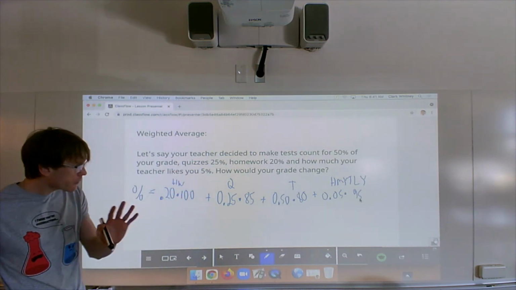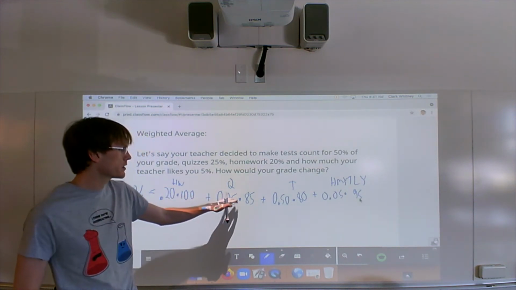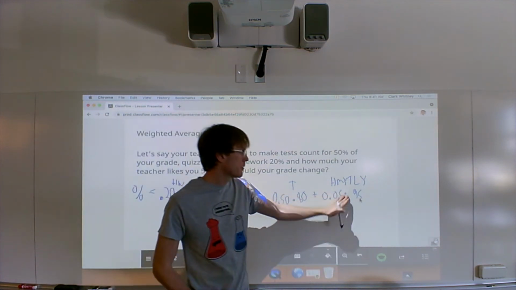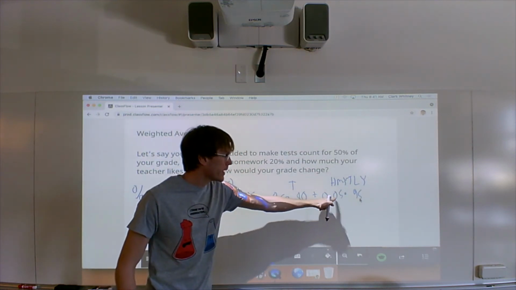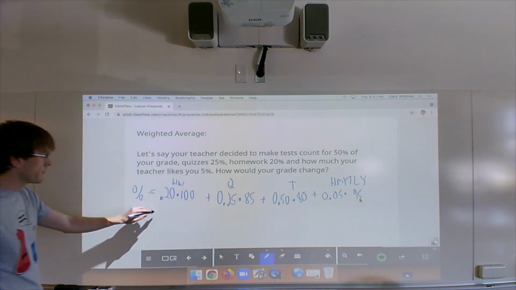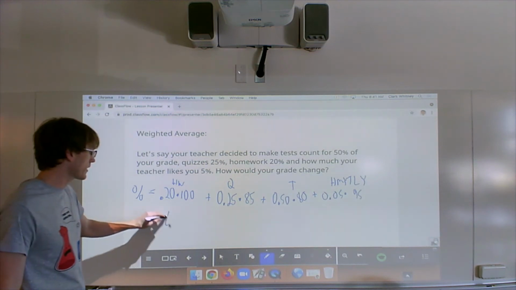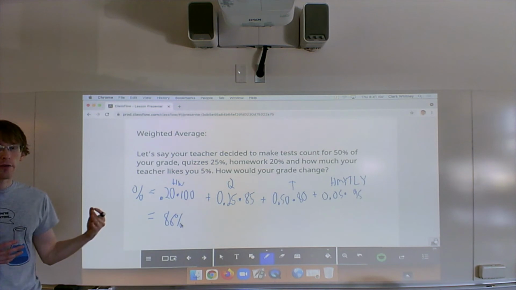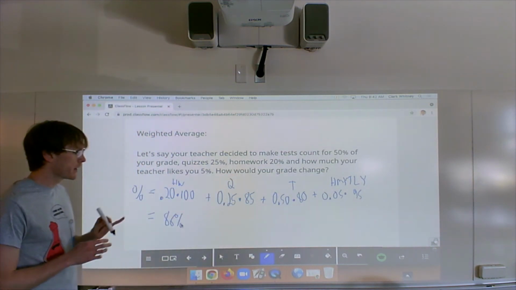And again, if everything were equally weighted, you would just have 0.25 times your homework score, plus 0.25 times your quiz score, plus 0.25 times your test, plus 0.25 times this last category. But since they're weighted, we have different coefficients out in front. And this would end up giving us an overall average of 86%. So that's how you would figure out your weighted average for your grade in this fictitious class.